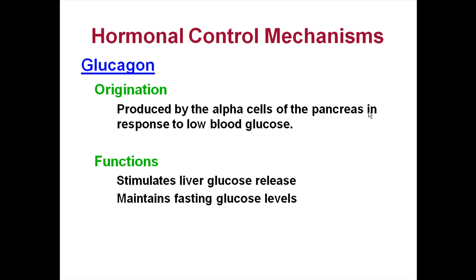As you remember when we were talking about carbohydrates, we said glycogen was stored in the liver to maintain blood glucose. So when the blood gets low, then the glucagon can be secreted, and it can basically tell glycogen to break off sugars and put those sugars into the blood. So it stimulates liver glucose release and helps maintain homeostasis of the blood sugar levels during fasting.